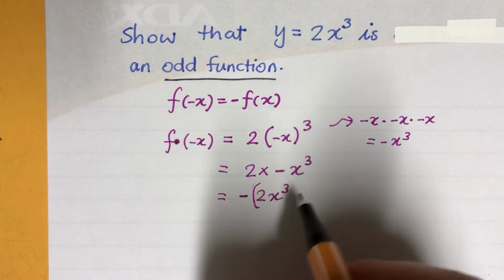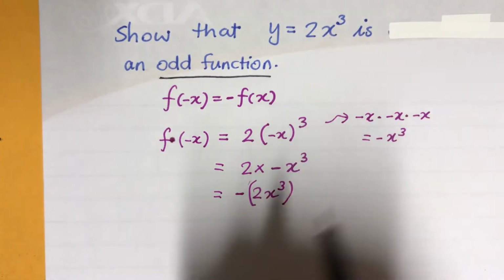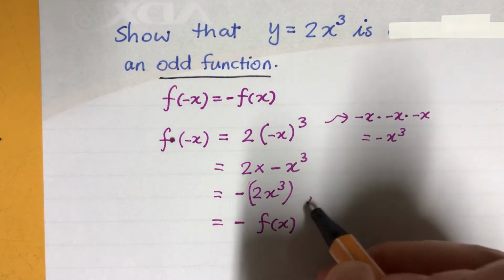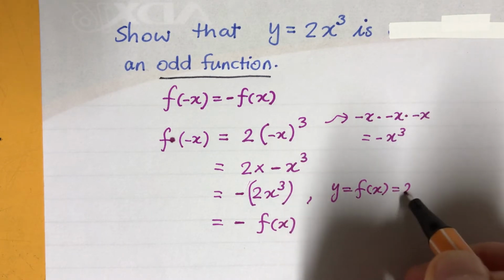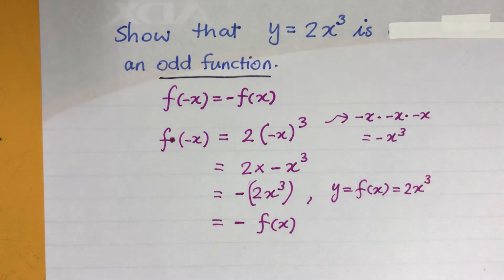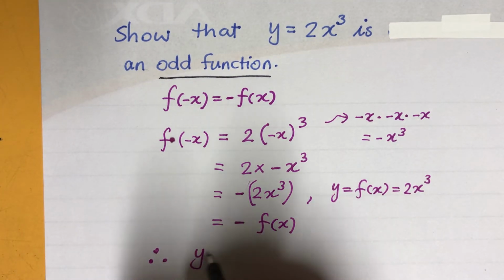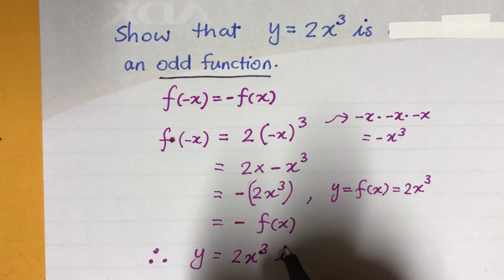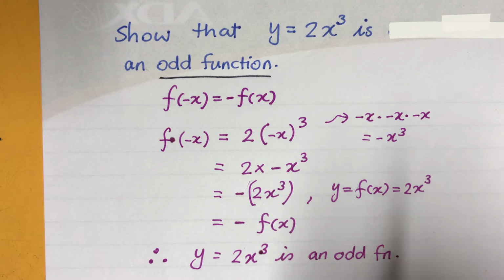And what's this one? If you think about it, that's the same as this, isn't it? f of x. So I can say minus f of x, because y is f of x. Okay, so therefore y equals 2x cubed is an odd function.